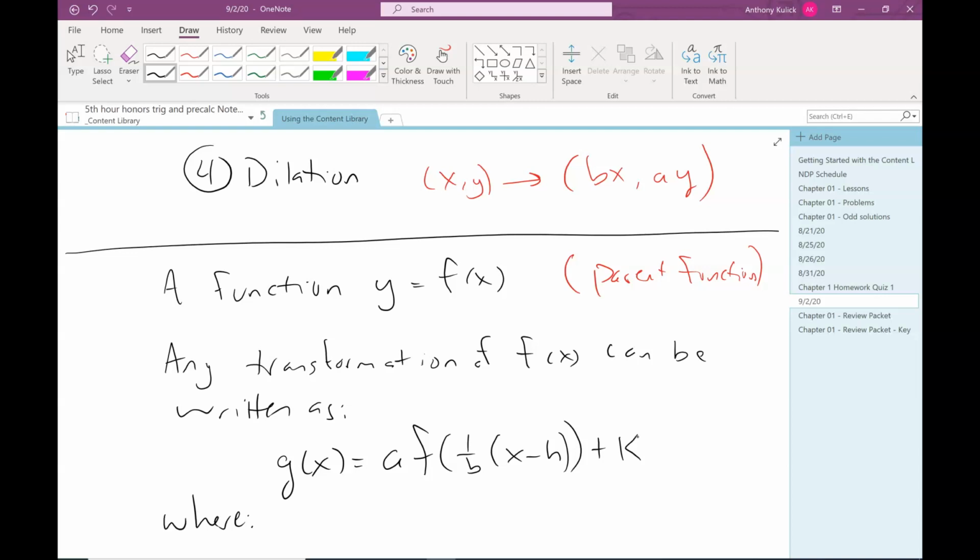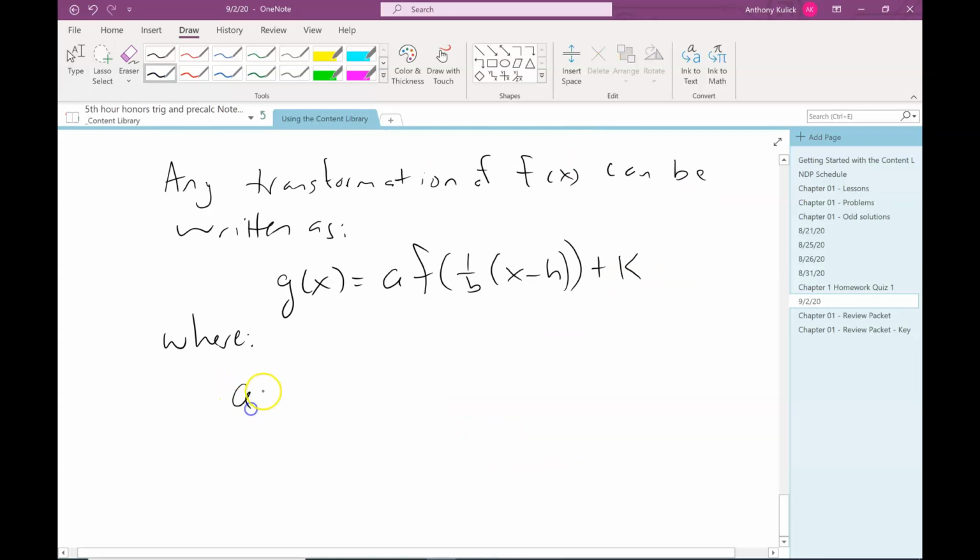And this should look relatively familiar from last year. The only difference probably is we didn't ever deal with a coefficient inside of our function last year in our Algebra 3-4 classes, but this a times f of x minus h plus k is something we saw a bunch of times last year. Usually the f was some specific function, like a logarithmic function or a square root function or whatever else, but here I'm just going to use the generic f of x.